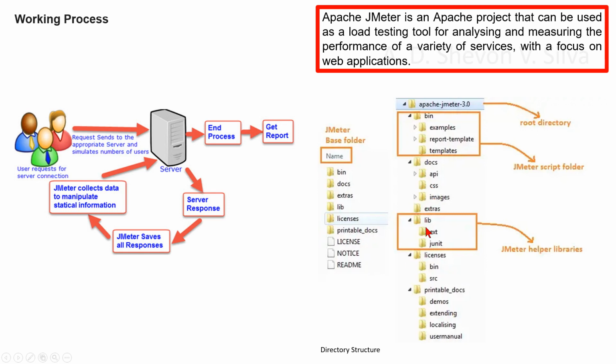Lib directory structure: ext contains the core jar files for JMeter and the protocols. The reason for the separation is that JMeter searches these jar files just for JMeter specific classes. Startup would be much slower if JMeter searched all the jars in the lib directory.